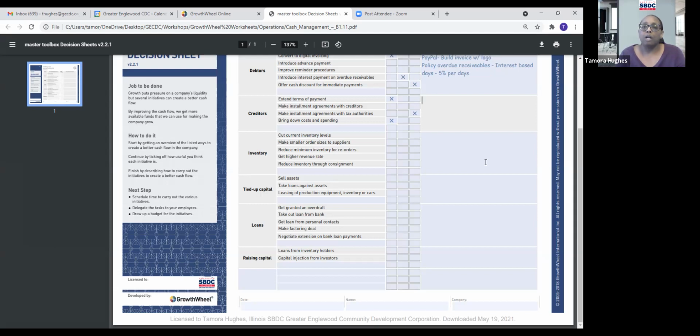And also consignment, as it relates to if you are a person that has a boutique, or you have a fashion company or something like that, you can reduce your inventory in that way.